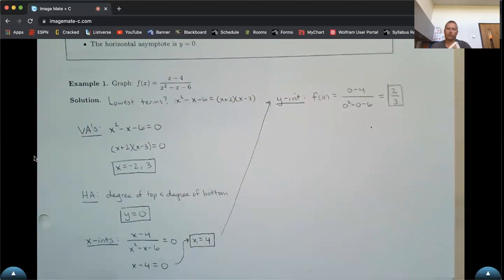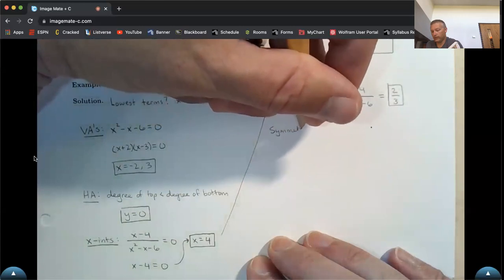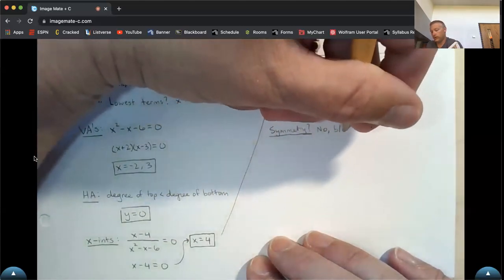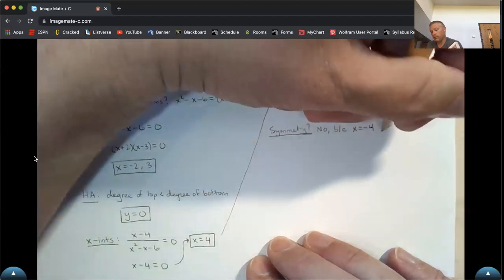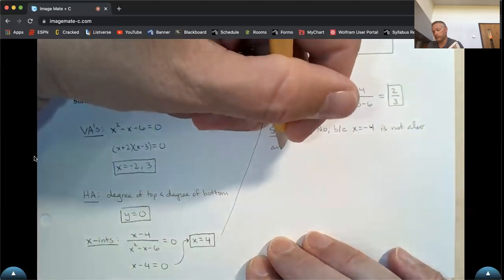Okay, the last thing we check for is potential symmetry. It's pretty unusual that these will have symmetry, like most of the problems won't. But if it does have symmetry, then if we know what's happening on the right side of the graph, we know what's happening on the left. Now we can say very quickly that this one is a no, because x equals negative 4 is not also an x-intercept.